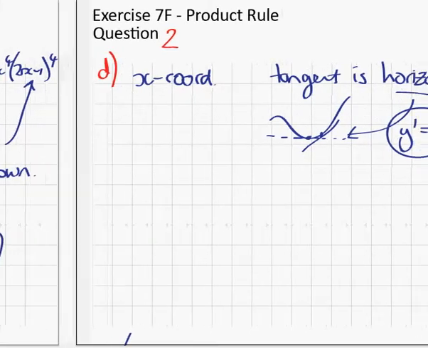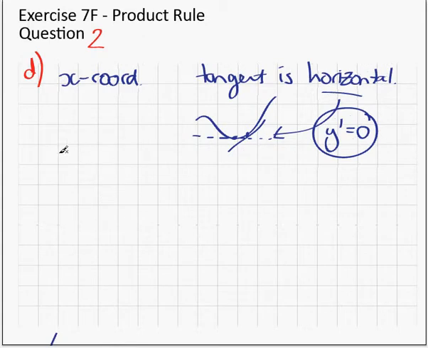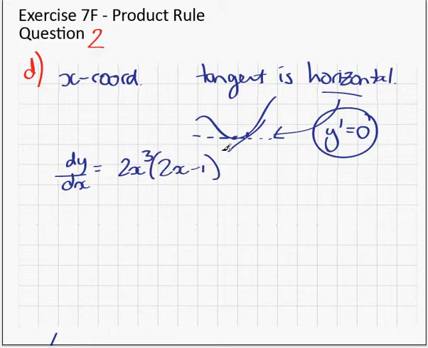Now we've got the derivative, I'm just going to rewrite that. The derivative is 2x cubed times (2x minus 1) to the 4th times (9x minus 2). We want to find out where this equals 0.